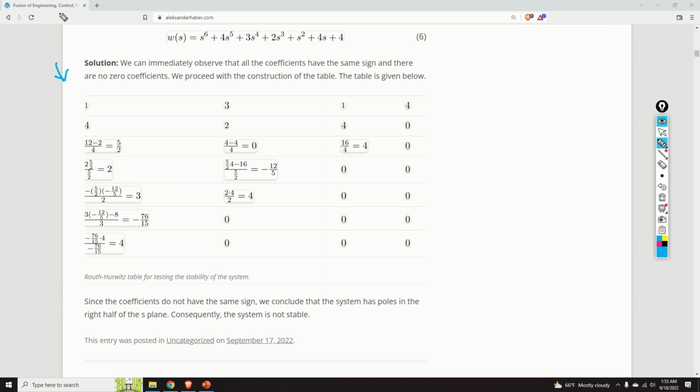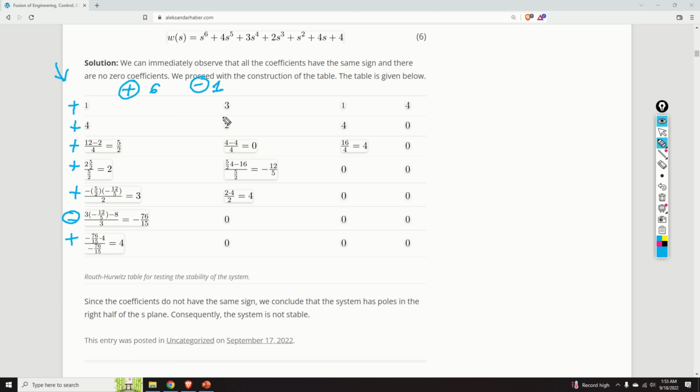Now, let us inspect the sign of coefficients belonging to the first column. Positive, positive, positive, positive, positive. Here we have a negative and positive. Now, we conclude that we have 1, 2, 3, 4, 5, 6 coefficients with a positive sign, and we have one coefficient with a negative sign.